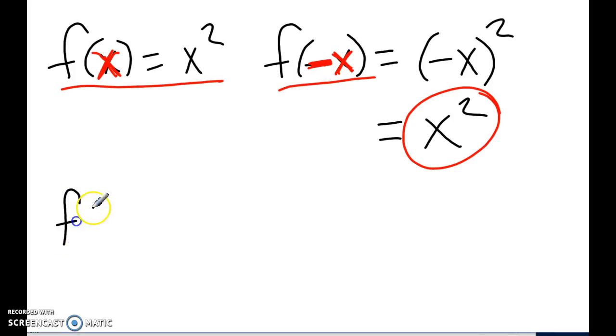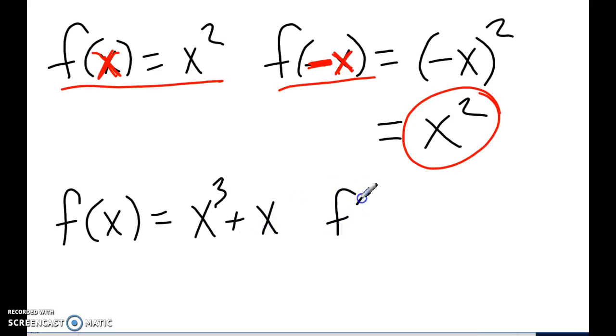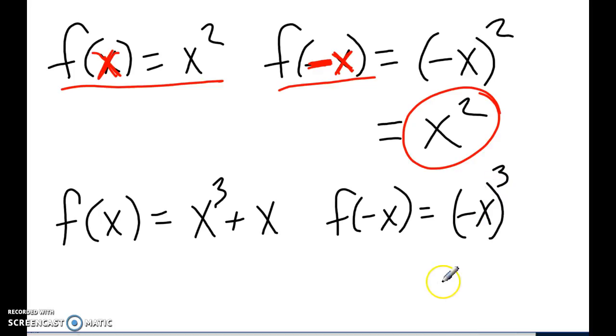So let's suppose we have some function f of x equals x cubed plus x, and I want you to find f of negative x. So we know that if you take any negative number and multiply by itself 3 times, you're still going to end up with a negative number.